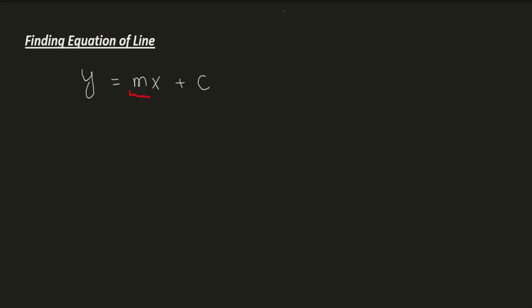Here the m represents the gradient and c represents the y-intercept. If you don't know what y-intercept is, let me show you. This is my y-axis, this is my x-axis, and this is a line.